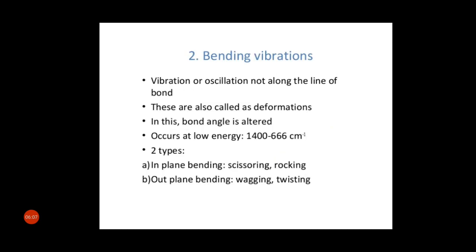Now see bending vibration. There are two types of vibration, stretching and bending. Stretching vibrations are two types, symmetrical and asymmetrical. Bending vibration is oscillation not along the line of the bond, whereas stretching is along the line of the bond.